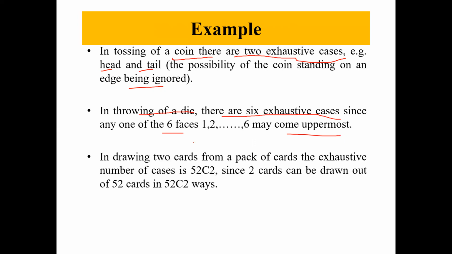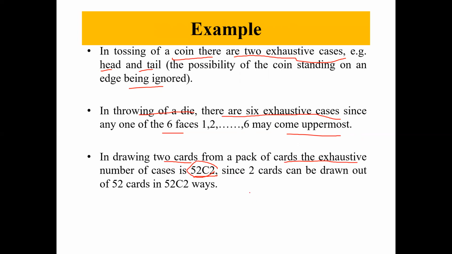And for playing cards, drawing 2 cards from a pack of cards, the exhaustive number of cases would be 52C2. Here C represents the combination formula. We need to understand how to calculate 52C2, since 2 cards can be drawn out of 52 cards.